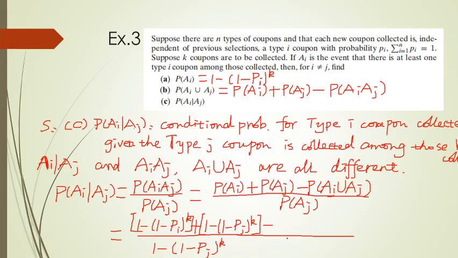The answer for the union will be 1 minus (1 minus pi minus pj) to the exponent k, right? That is the union, we worked out in part B. So that is the final answer, okay? That is the final answer for part C.